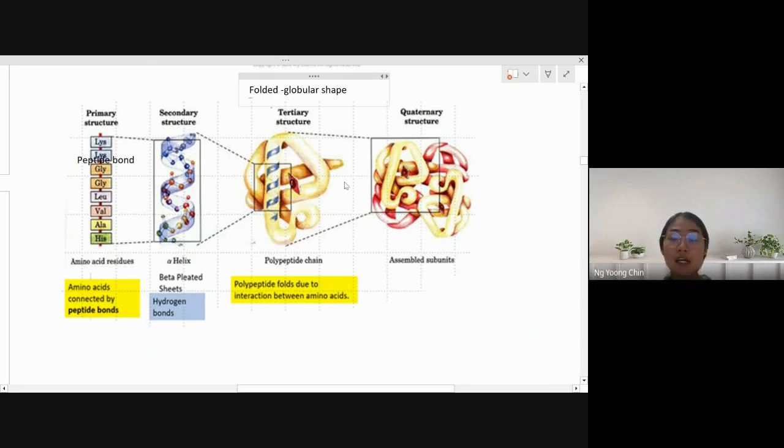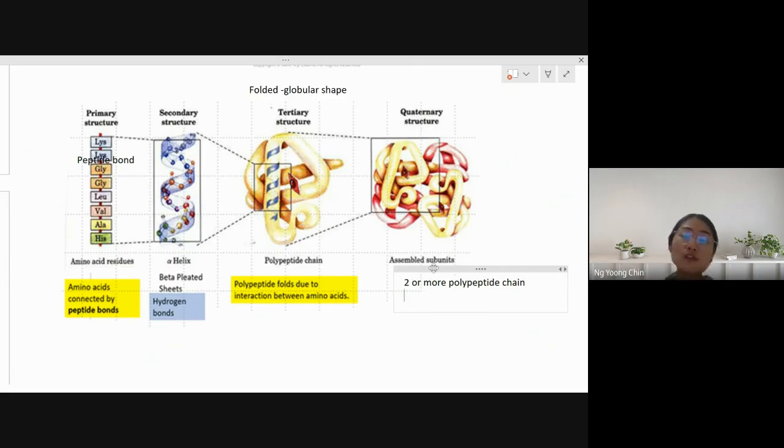And then if you have two or more polypeptide chains joined to each other, you form a quaternary structure. Quaternary structure is the most complex form for proteins.